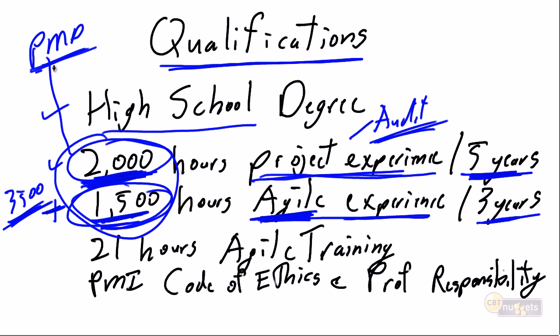So if you are an existing PMP certified member of PMI, on your application, you need to provide your evidence of your PMP, and you then only have to provide the direct experience of where you've gathered your 1,500 hours of Agile experience.